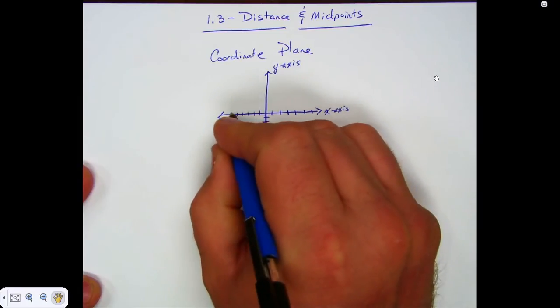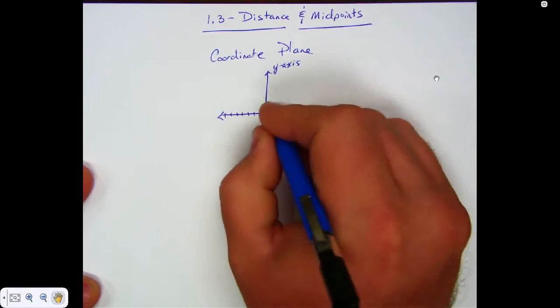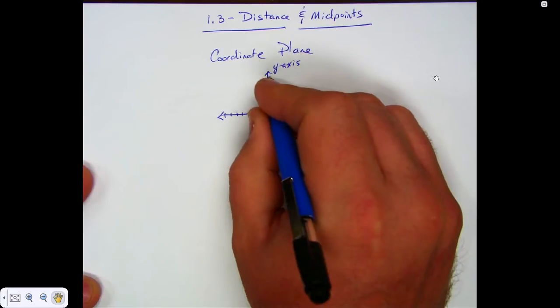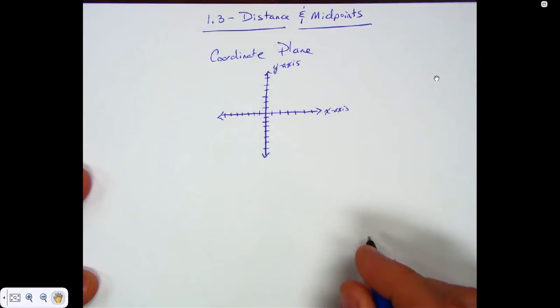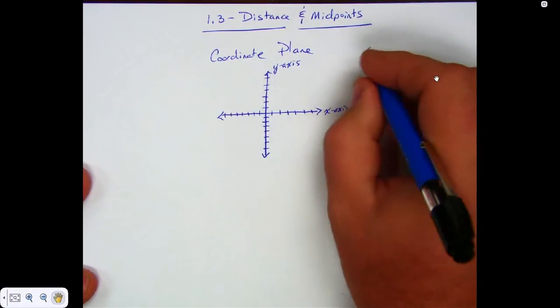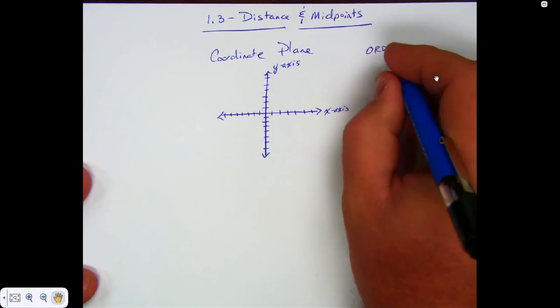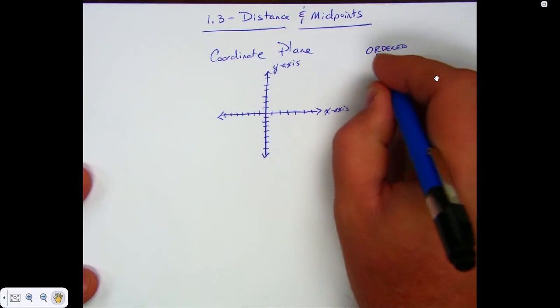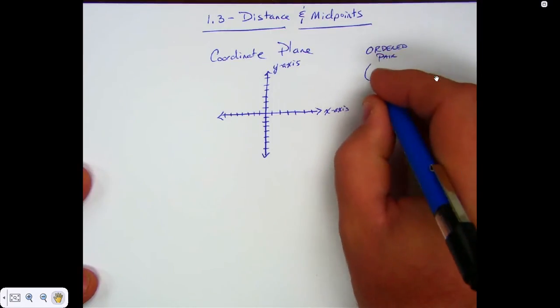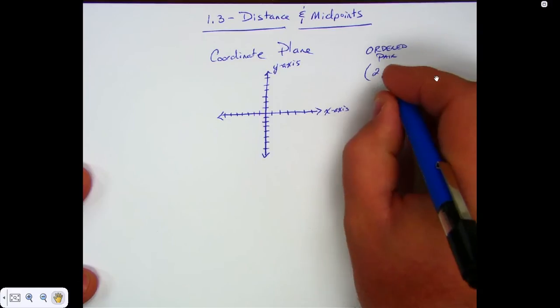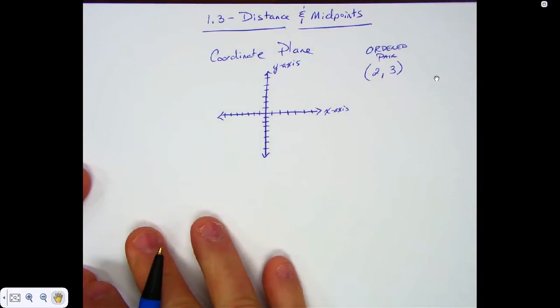This is the graph you guys spent a whole 9 weeks on in algebra, correct? An ordered pair, (2, 3), means which direction?